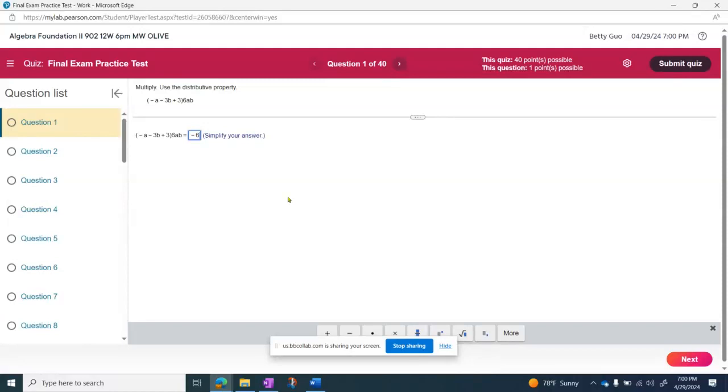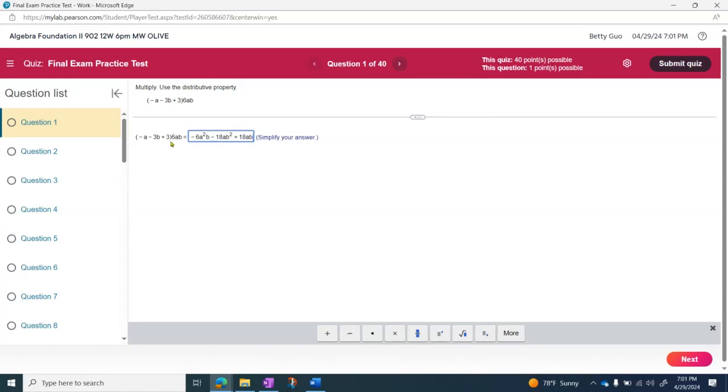Negative 6a squared b, minus 18 ab squared, and then plus 18 ab.